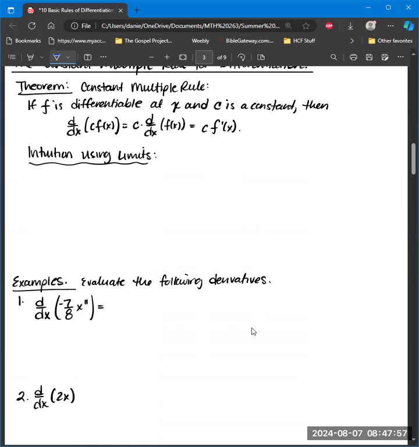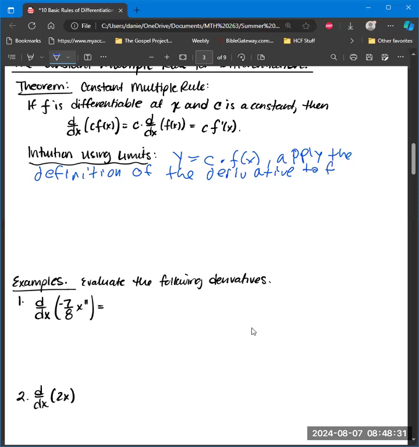So let's go ahead and see why that works because of limits. Remember that constants can pass through limits, so constants are going to be able to pass through the derivative operator, which is a big limit. If y equals c times f of x, let's apply the definition of the derivative to find y prime.